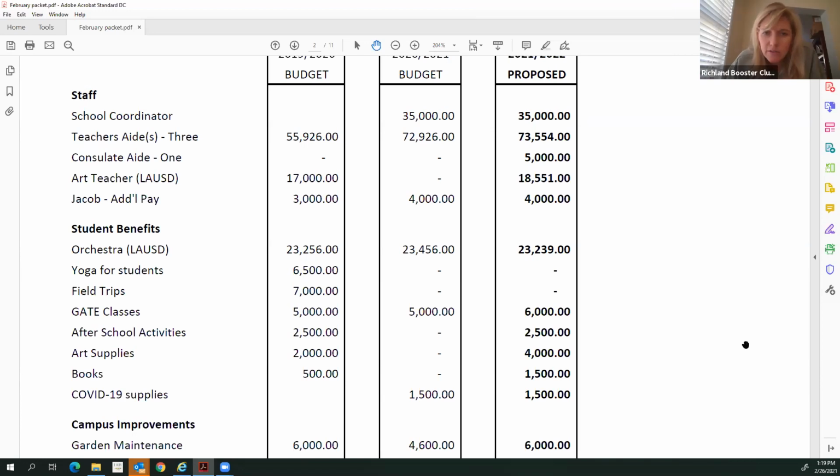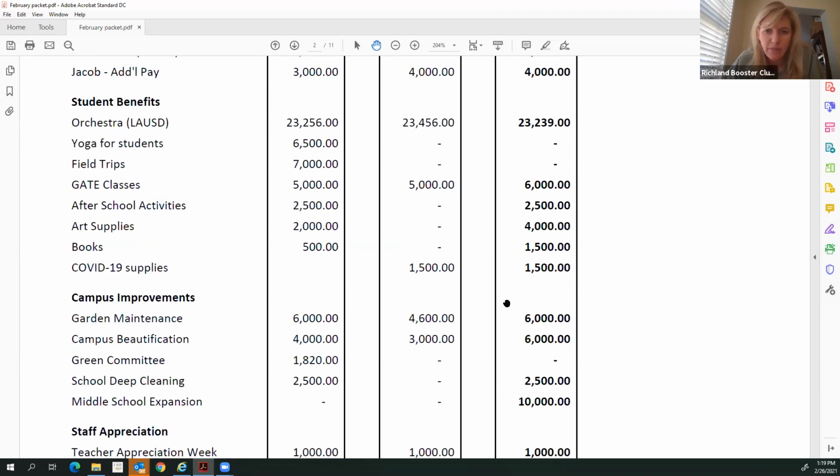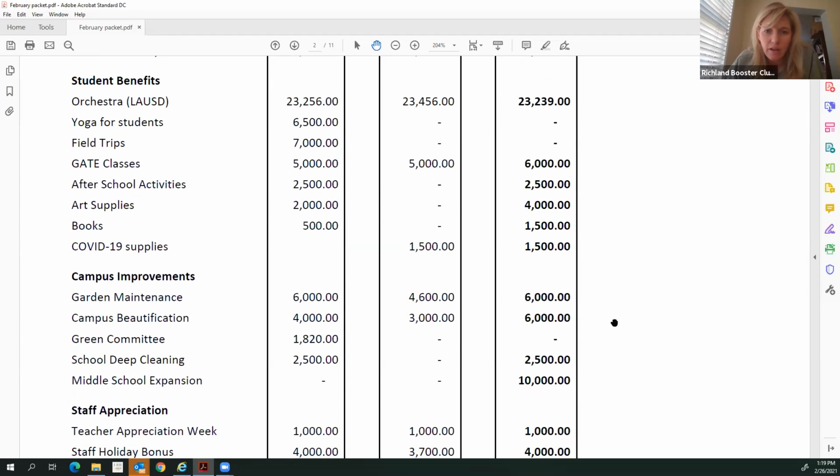So the next question in the chat I see is from Danielle about how the $10,000 was derived around the middle school funding. I don't want to speak for everyone all the time, so I'm just reading the chat questions. I can share my memory of that conversation or if anybody else wants to.